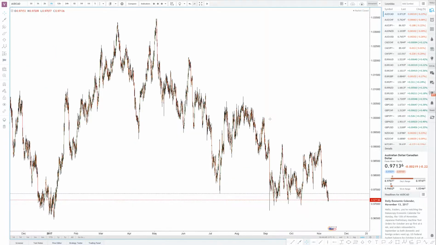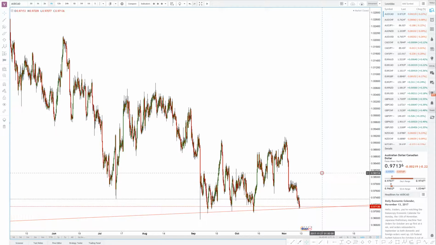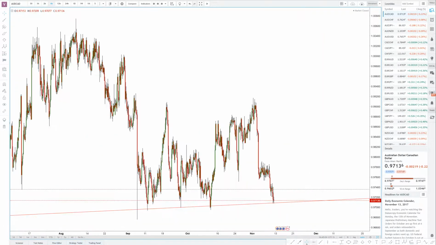The only thing I see right now here is this support, and we're kind of sitting right at it actually. So we have this dynamic support, and then we have this static support here, and we're either going to go up from here or we're going to go up from here.